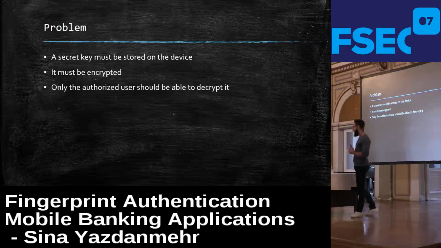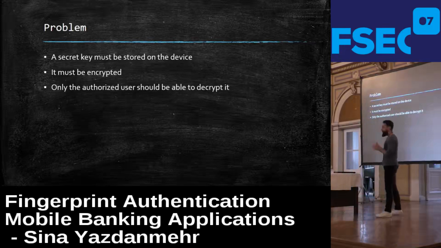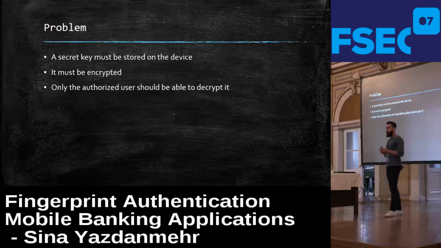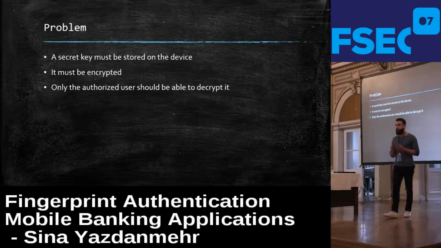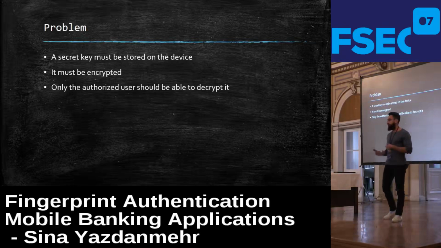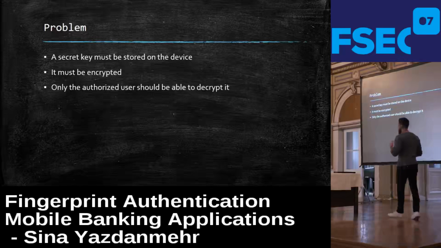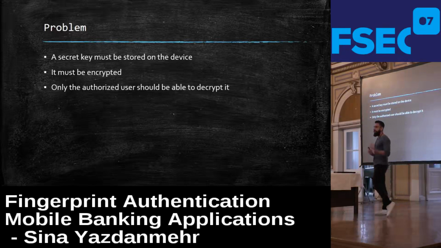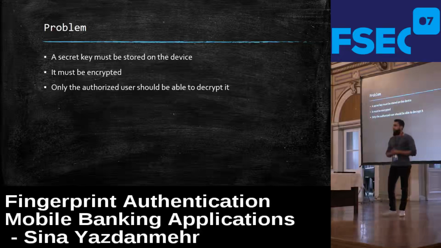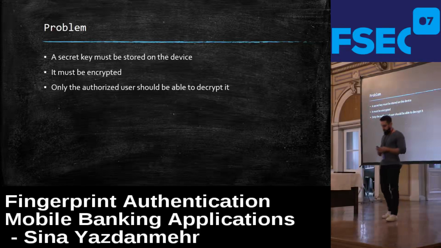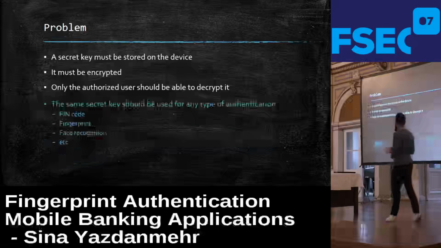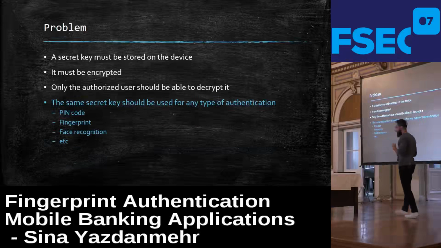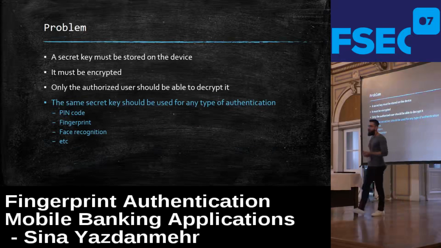So this secret key should be encrypted safely and securely and stored on the device for future use. And it should be decrypted only by an authorized user, which is the client of the application. It's all right so far, but the same secret key should be used for any type of authentication.